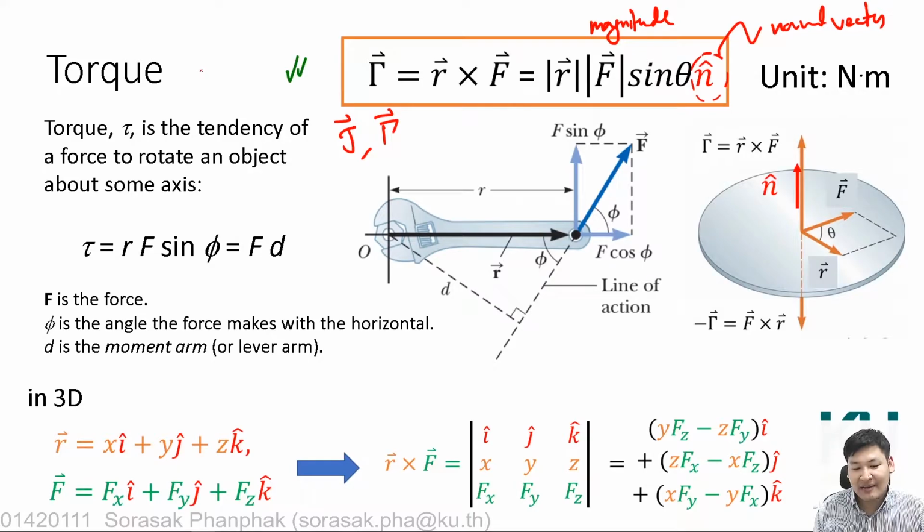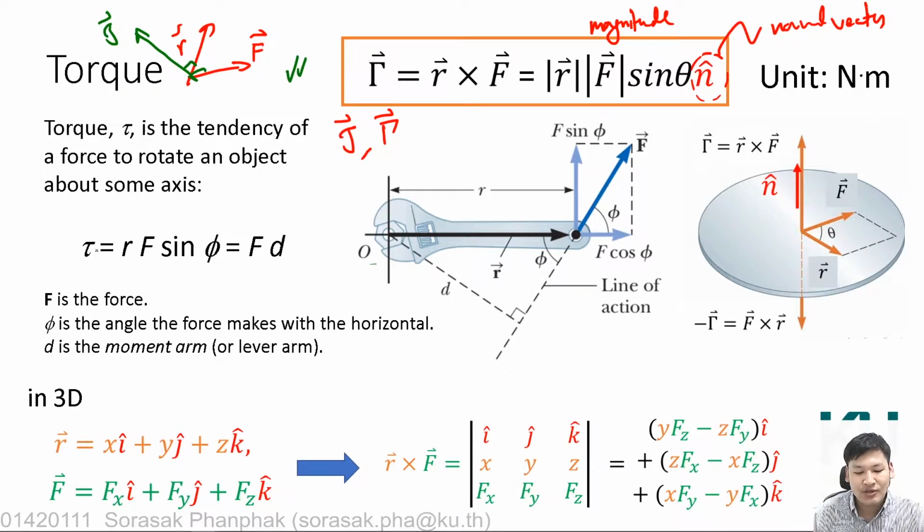As I said, r and F in the same plane means you can have r in 3 dimensions and also F in another 3 dimensions. But when you have r cross F, your resultant torque is going to point in a perpendicular direction like this. This is going to be the torque direction, which is perpendicular to both r and F, if you look in 3 dimensions.